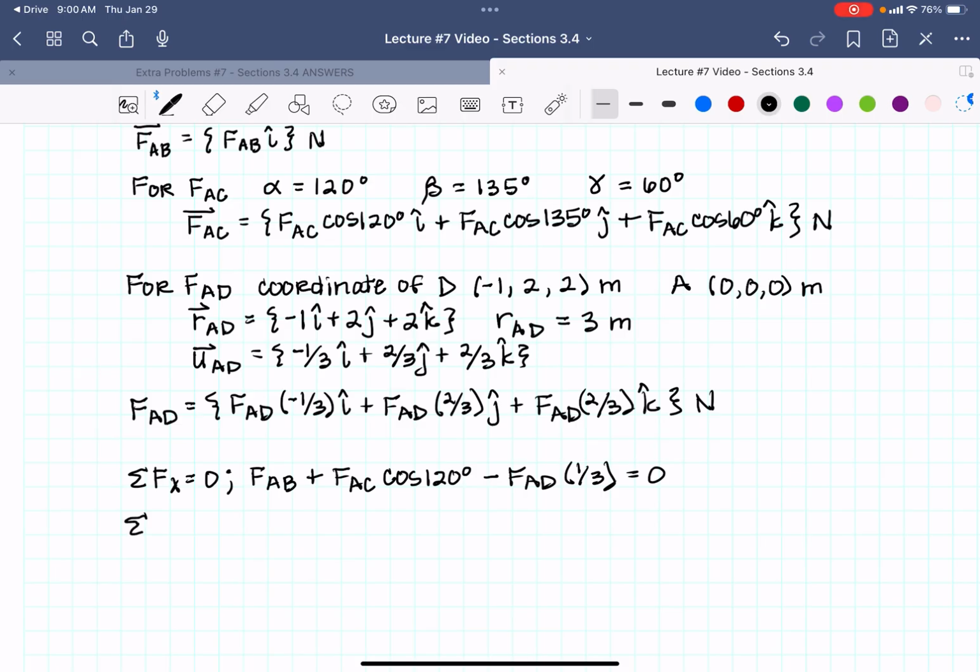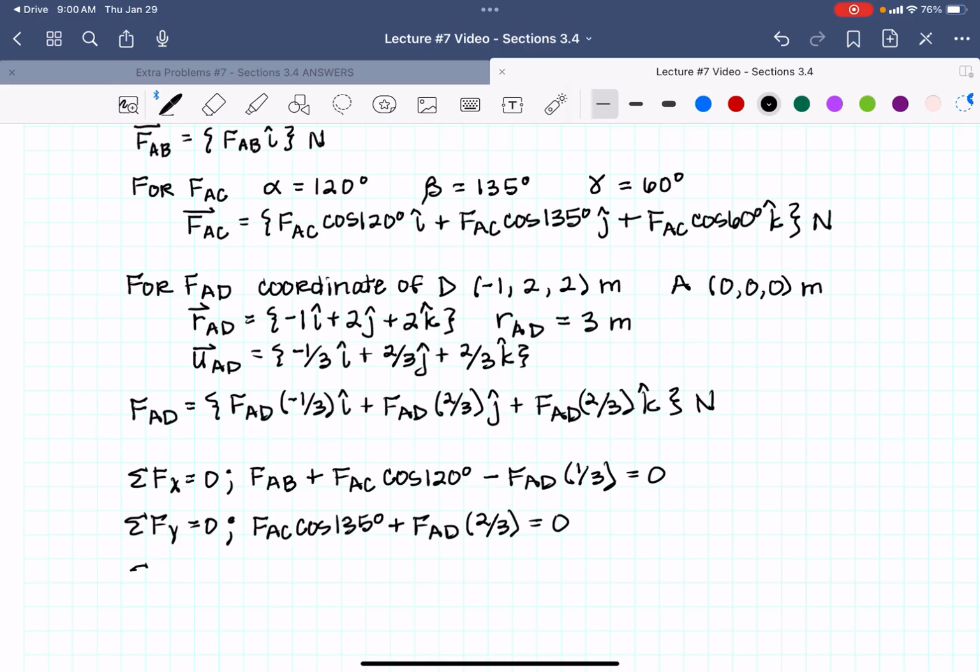I have my sum of the forces in the y direction equals 0. I don't have any FAB. I have FAC times the cosine of 135 degrees. And then for D, I have FAD positive times 2/3. All of that equals 0.